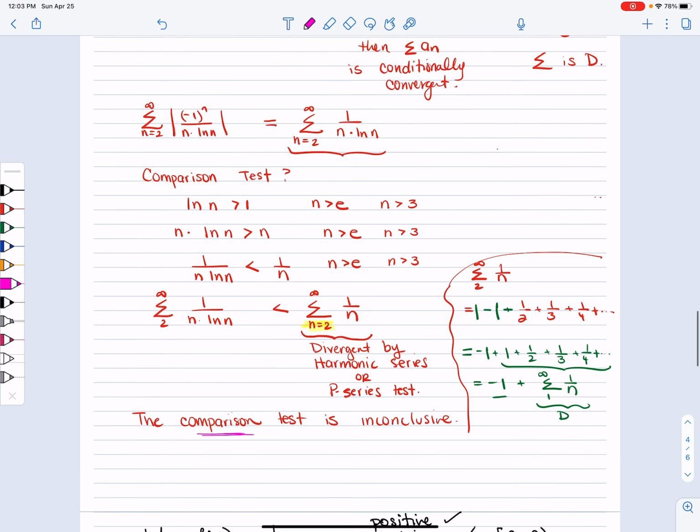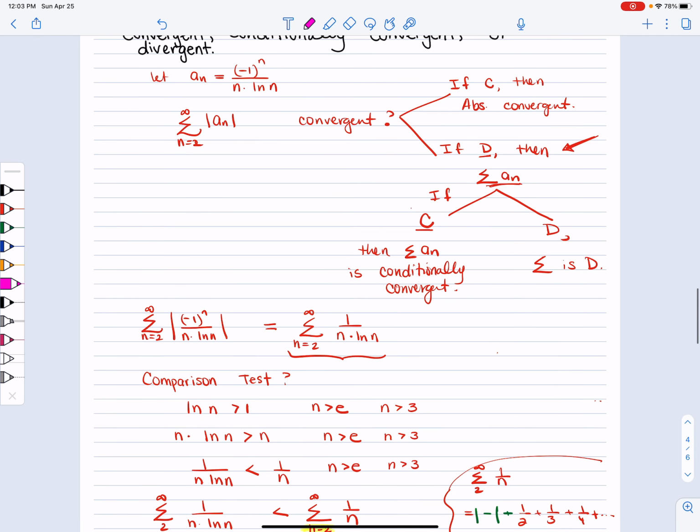But we were also doing this here because we wanted to establish if the series of the absolute value of a sub n was convergent. And it was not. We just said that it's divergent by the integral test. So since that series is divergent, and that is the absolute value of a sub n, the series of the absolute value of a sub n is divergent, now we need to go back and check the original problem.